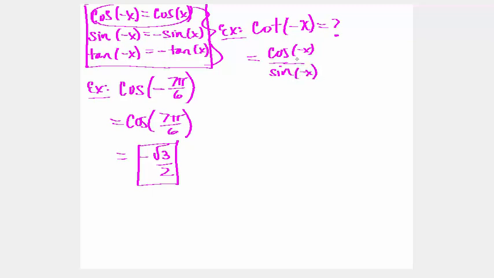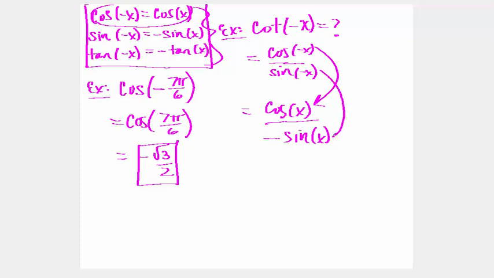And now we can use the negative identities we know for sine and cosine to write an equivalent form here. So cosine of negative x we know is equal to cosine of x. There's one identity. And sine of negative x is equal to negative sine of x. There's another identity we know.